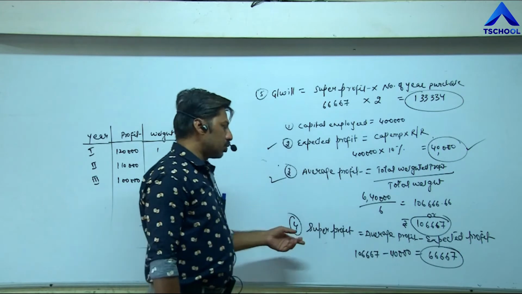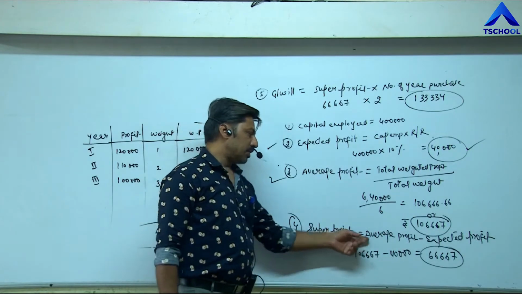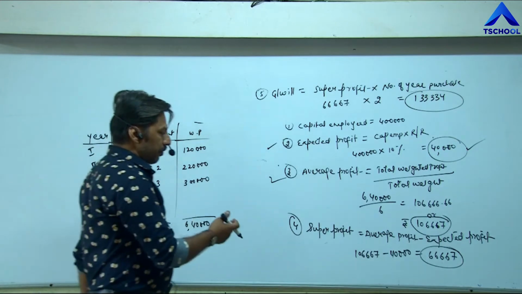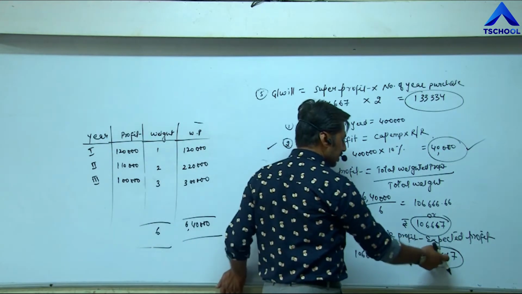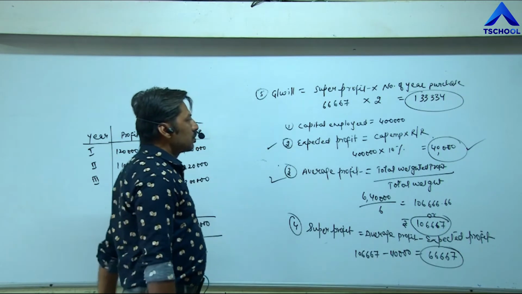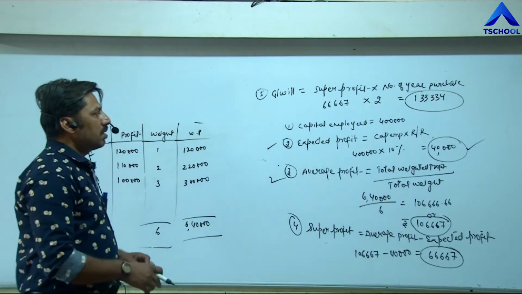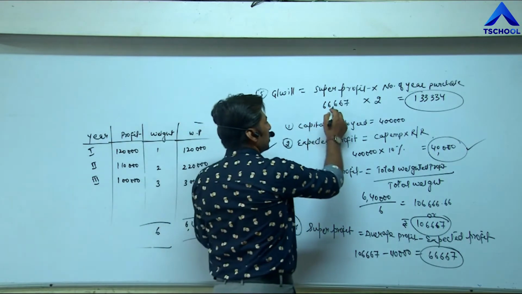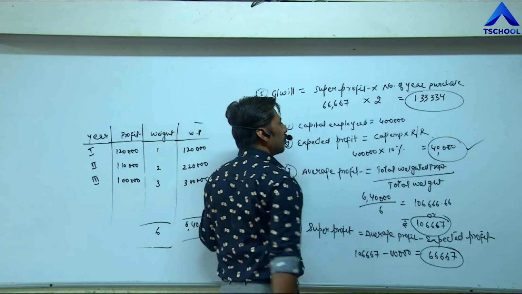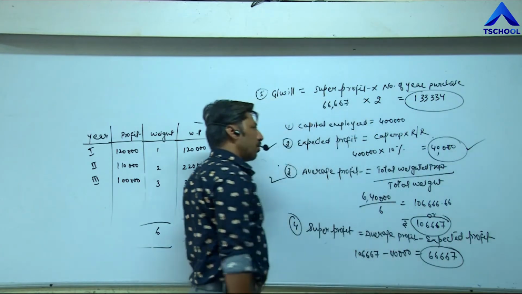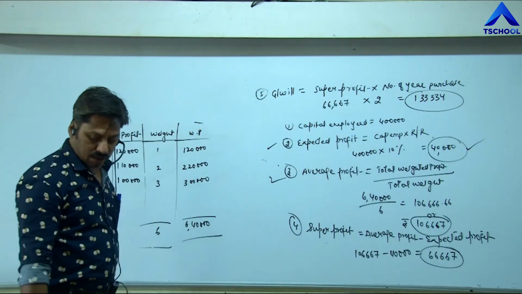Then fourth step, super profit. Formula is average profit minus expected profit, and super profit is 66,667. And last step, goodwill is equal to super profit into number of year purchase. 66,667 into 2 is equal to 1,33,334. So question 9 completed.